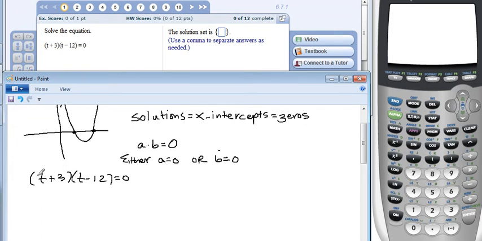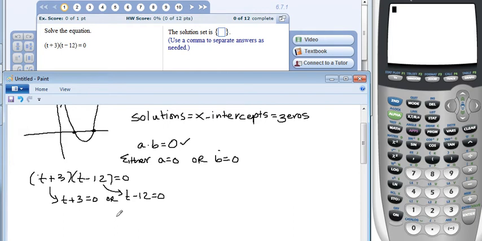So it's the product of t plus 3 times t minus 12, and that has to equal 0. Well, since I do have this stipulation right here, now I can say either this has to be 0, or this has to be equal to 0. One of the two has to happen, or both.